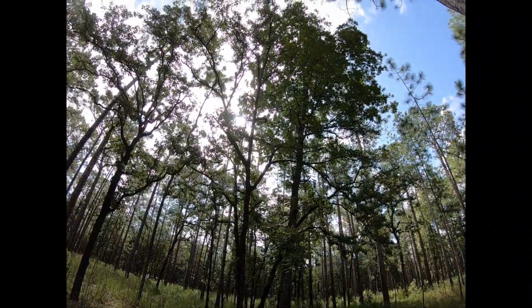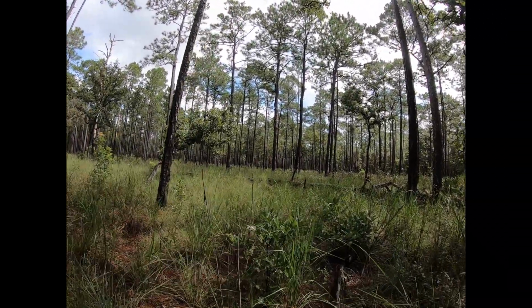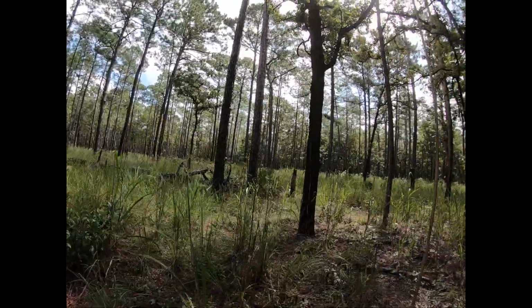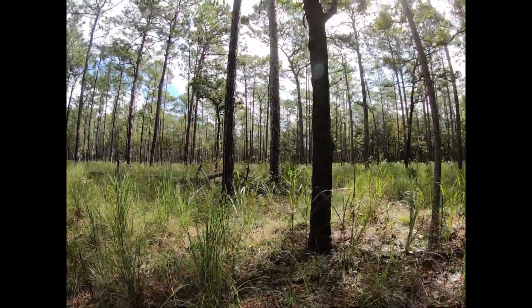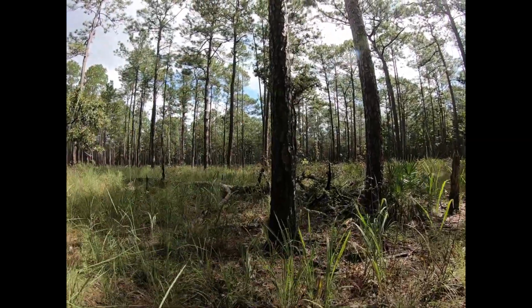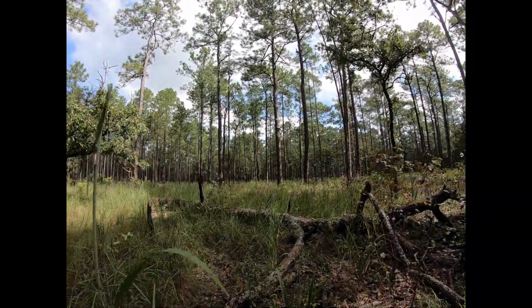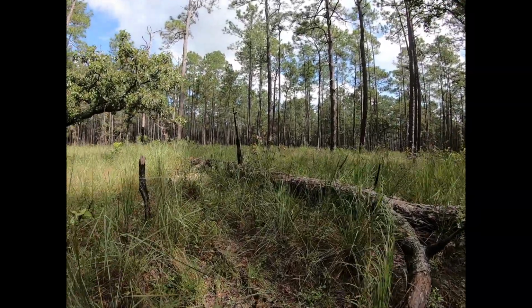So as we've talked about, upland pine communities are a little different than sandhill. Generally, upland pine communities are found on soil profiles that are classified as an ultisol. And we've talked a lot about ultisols in previous videos, mainly the mixed hardwood video.